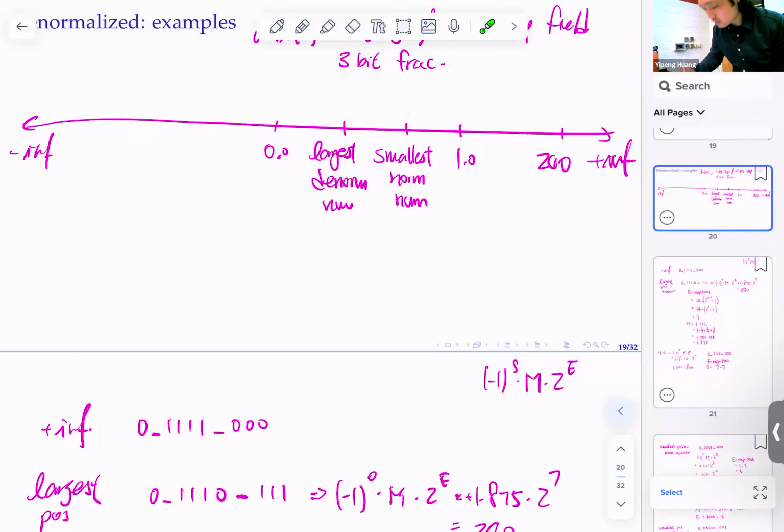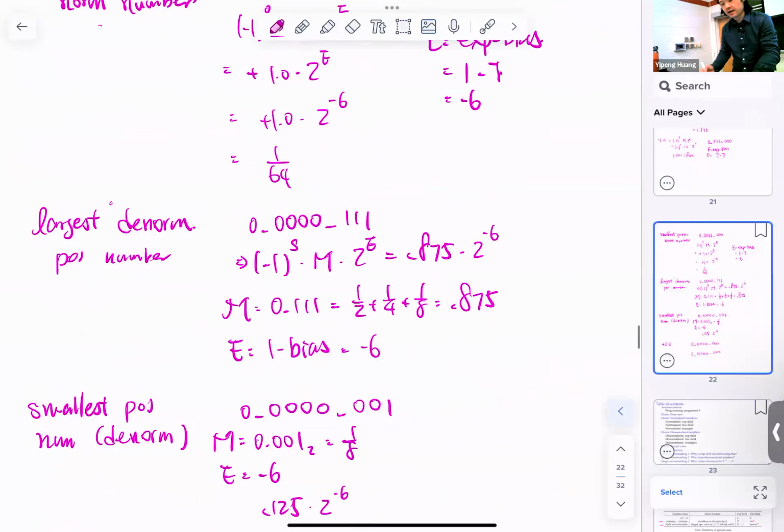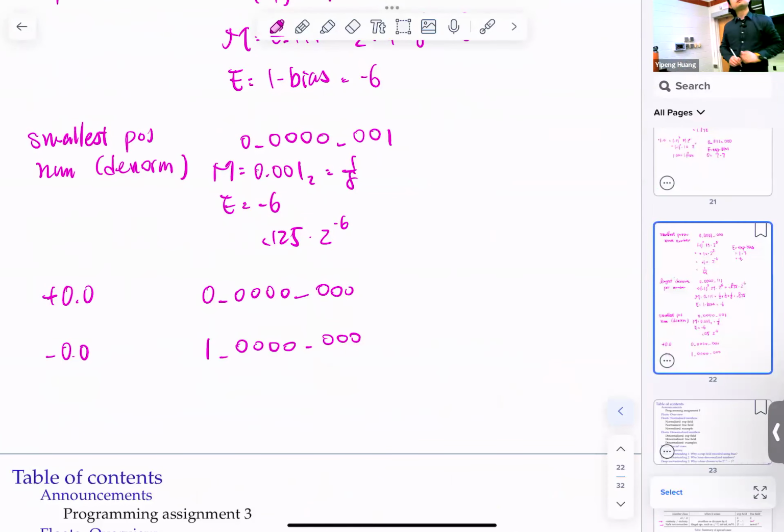Question? In what situations would you represent -0 as opposed to +0 and vice versa? Good question. What's the point of having a positive and -0? If I ask you what is 1.0 divided by infinity, what should that be?